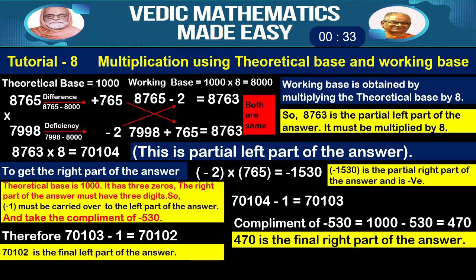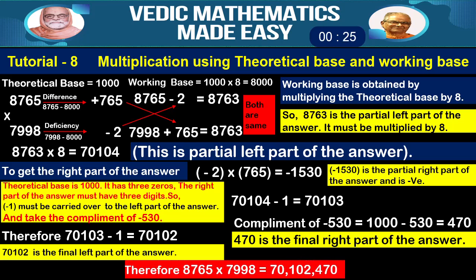This is the final left part of the answer. Therefore, 8765 into 7998 is equal to 70102,470. Very easy, isn't it?